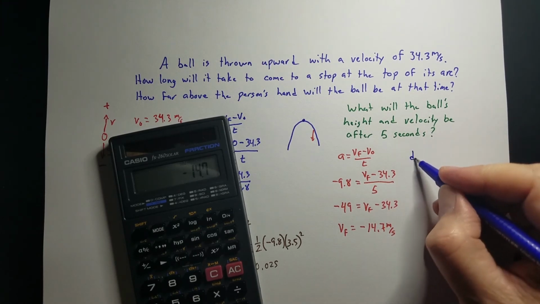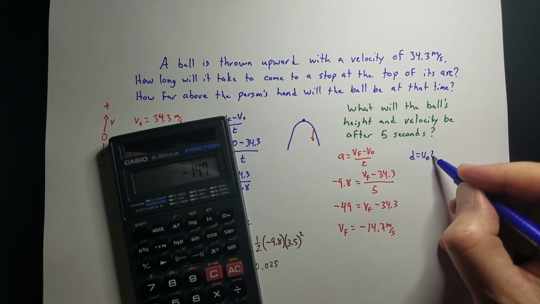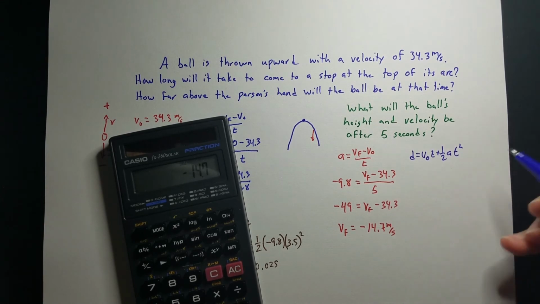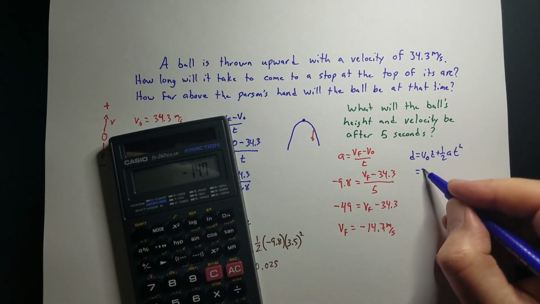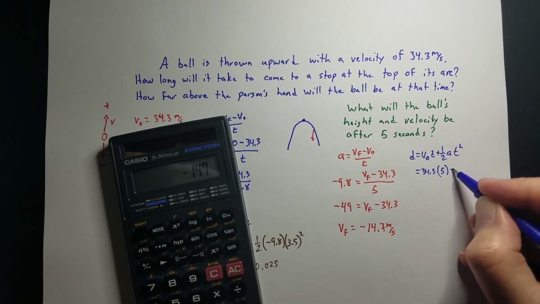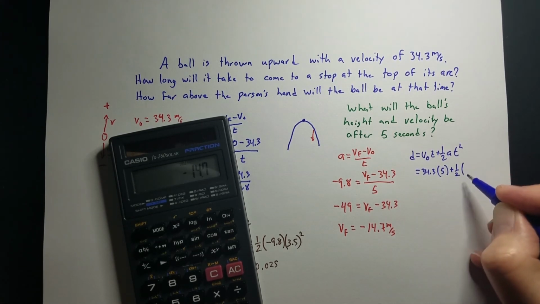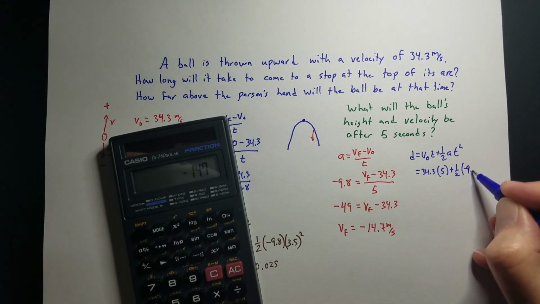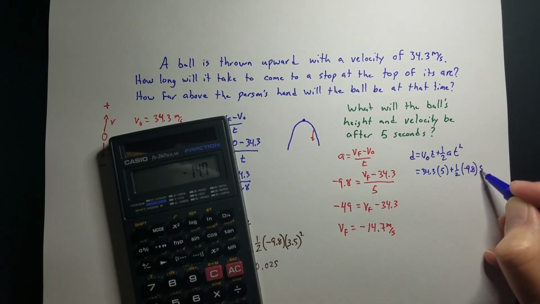Now let's figure out the height of the object at that time. We're going to use our distance equation. So our original velocity was 34.3. Time in this case is 5 plus 1/2 negative 9.8 times 5 squared.